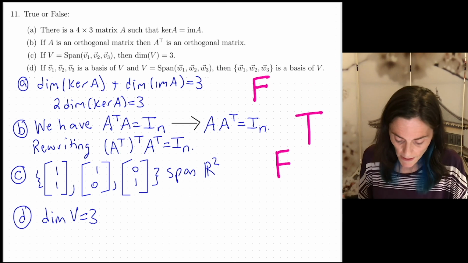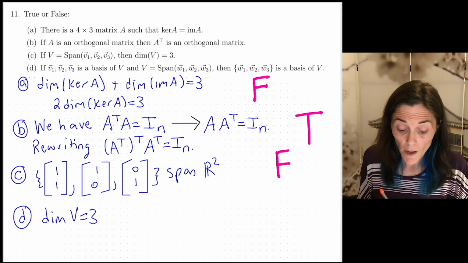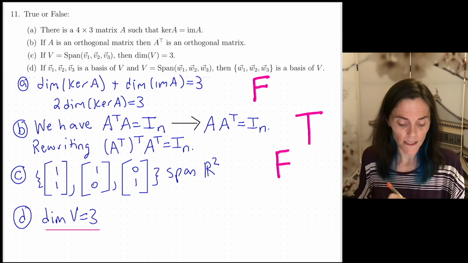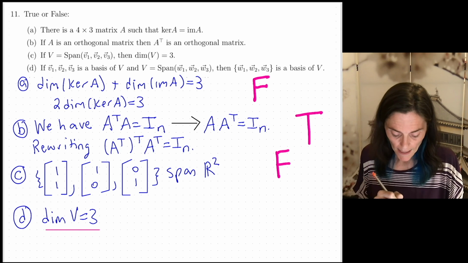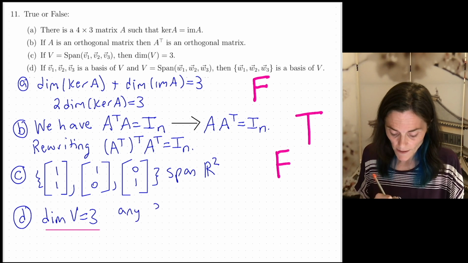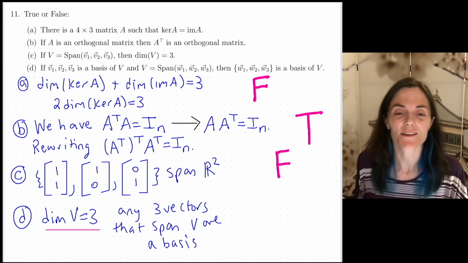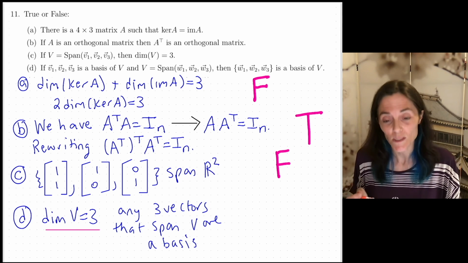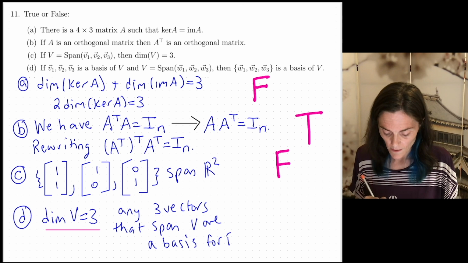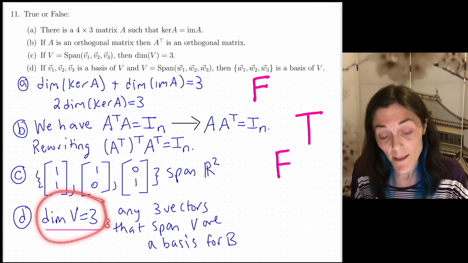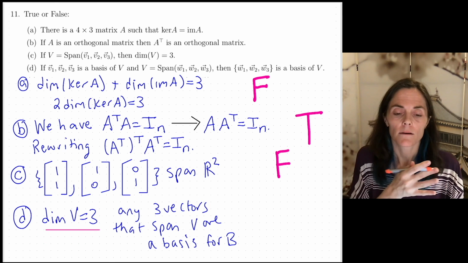So this is true because, starting off, we know the dimension, which is 3. We know the dimension of our vector space, and so any 3 vectors that span are a basis for V. Equivalently, you could say any 3 vectors that are independent will span V. Once you know the dimension, and this is part of the review, you either need to check one.